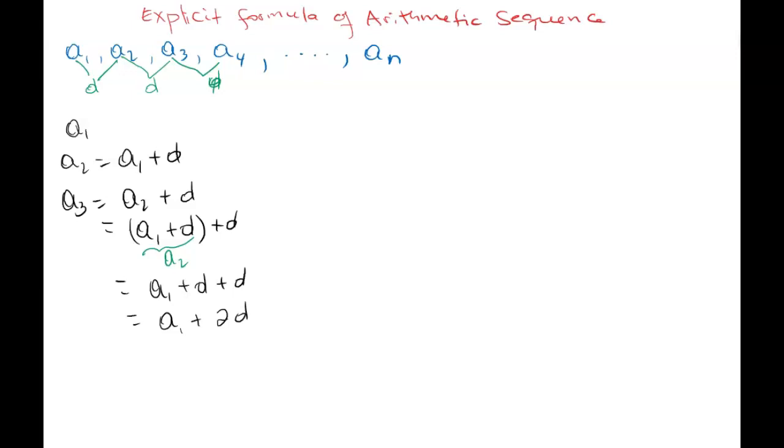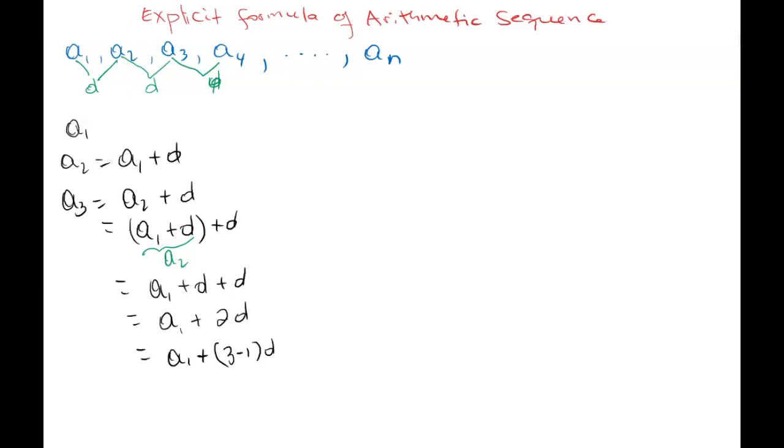Now, also understand that this 2 is the same thing as the third term, 3 minus 1. So we can rewrite this as 3 minus 1 times D, and that 3 is the third term.